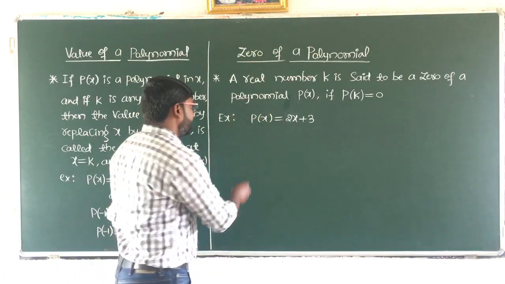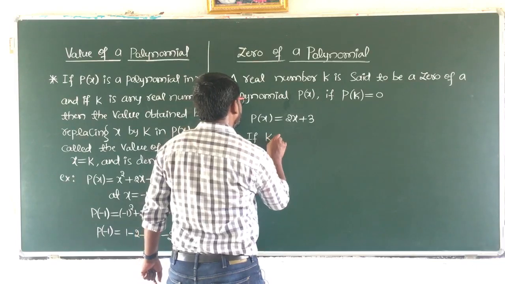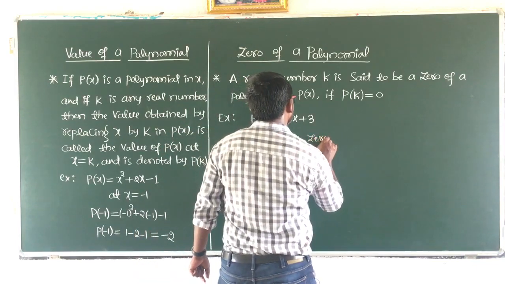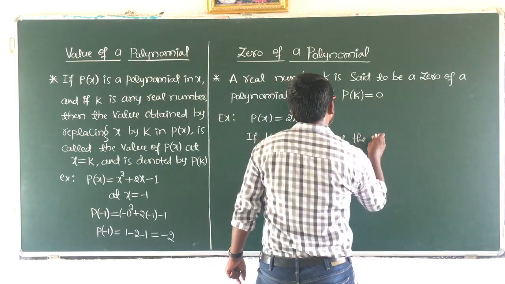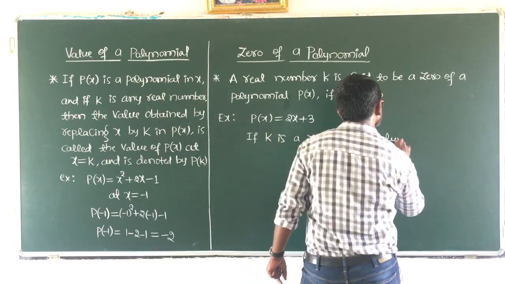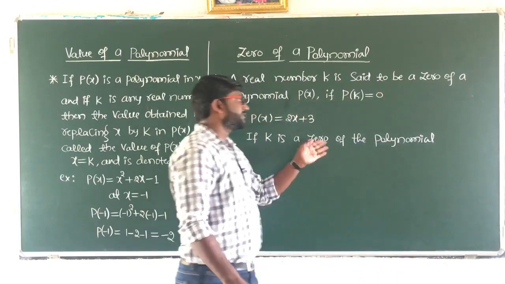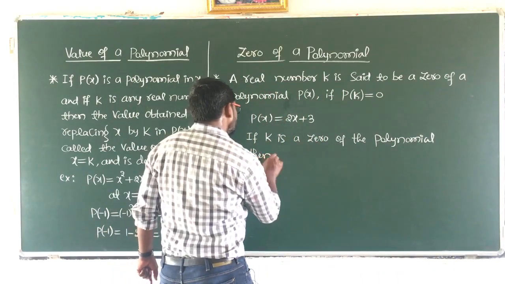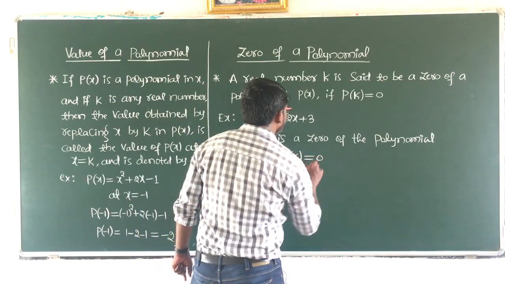So now if k is a zero of the polynomial, then p of k equals 0.